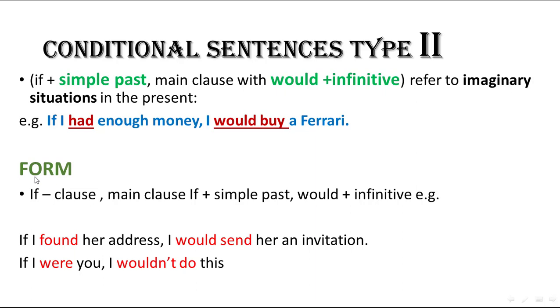Let's go to discuss the form. If clause, or as I have just said, we can say main clause. If is followed by simple past, the result clause will contain would plus an infinitive.